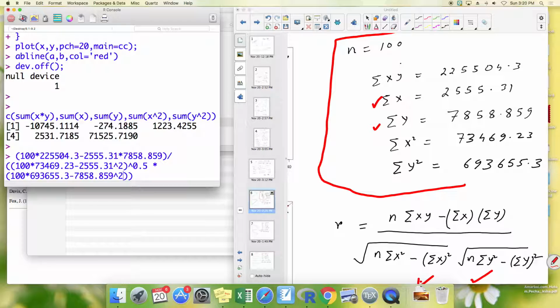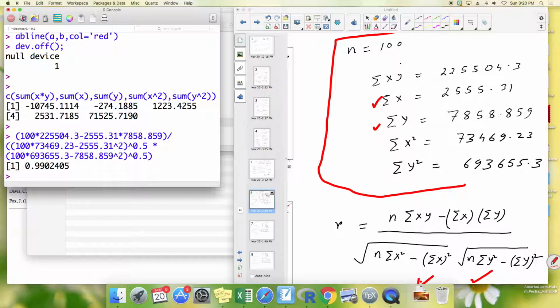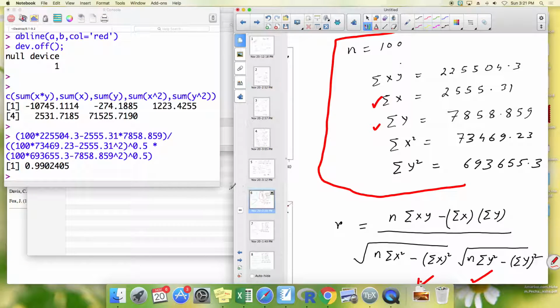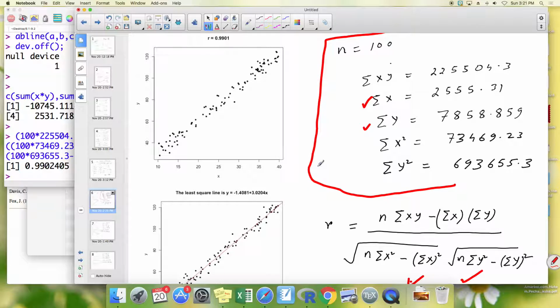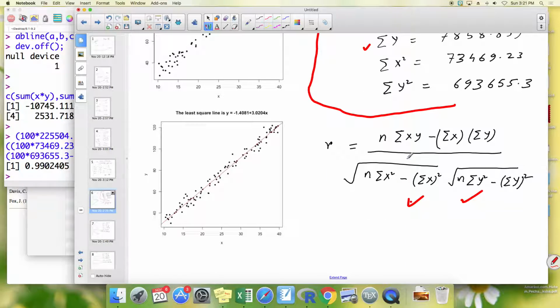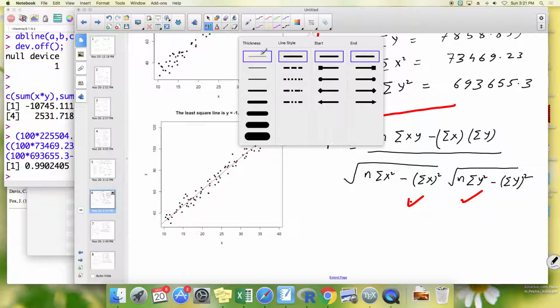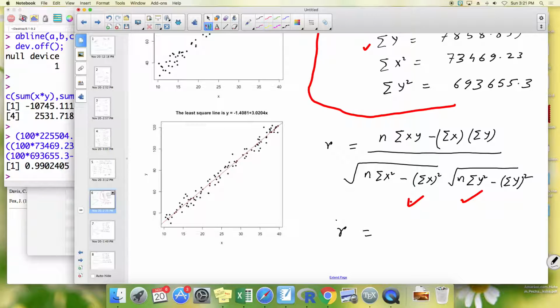And that's the second term, but we are not done. We have to take the square root of that. So to the power 0.5. And you get 0.9902. I mean, it's close to the value we have here, 0.99. So that's okay. So for us, r equal to 0.9902. We got it.